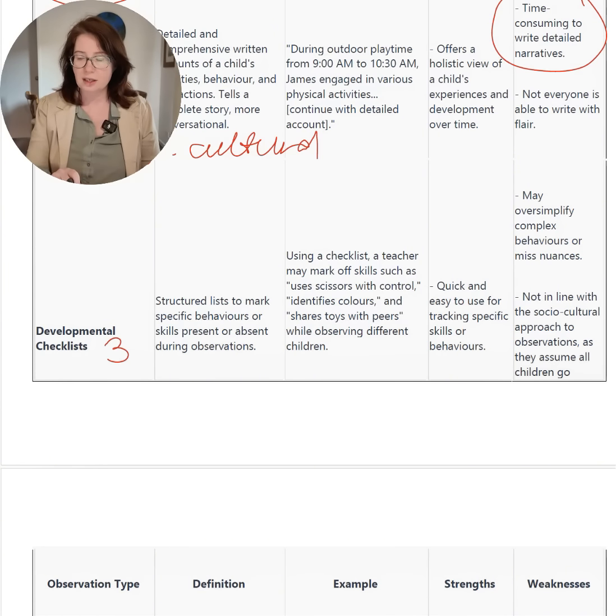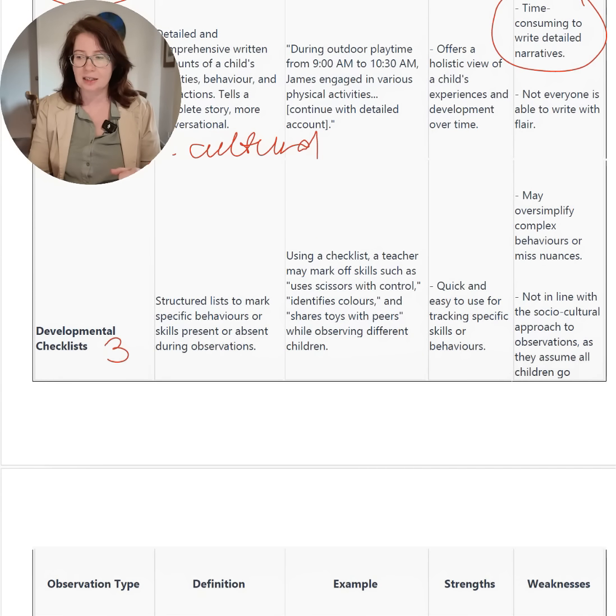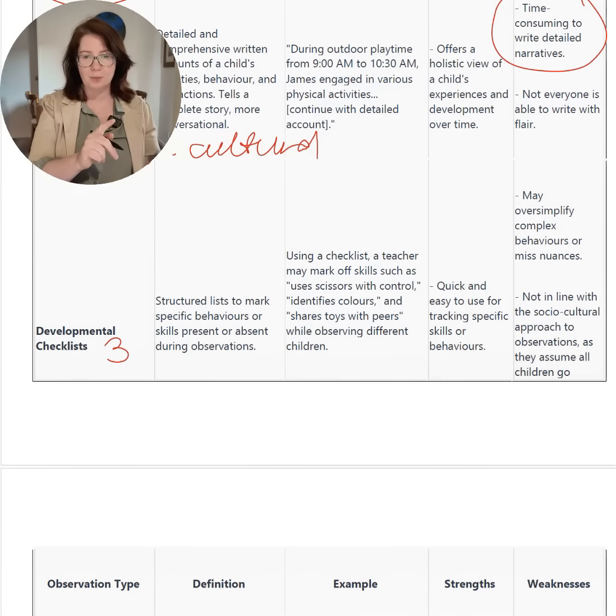One of the tools that I use at the moment in kindergarten, the assessment tool, is somewhat a developmental checklist. Why? Because it identifies where a child is at on the scale. It's more like a scale or rating checklist, but it does identify and put the child in a position.